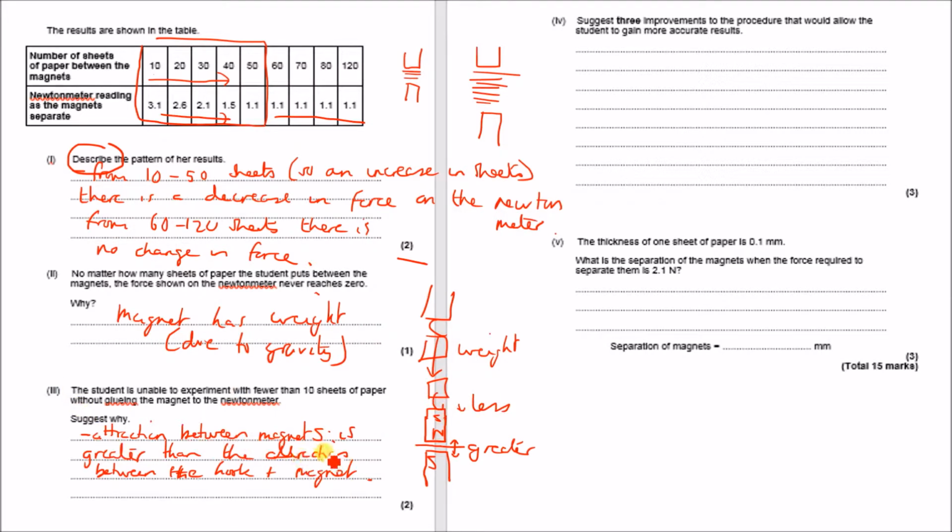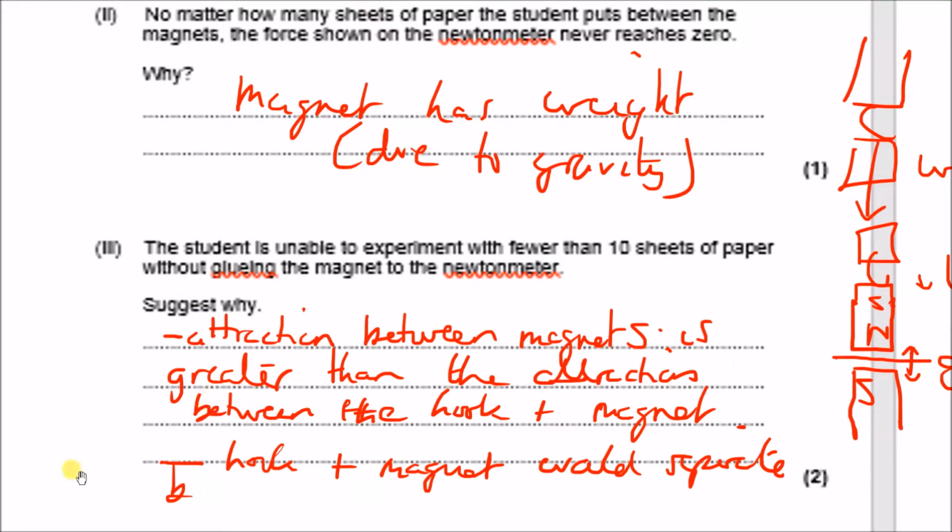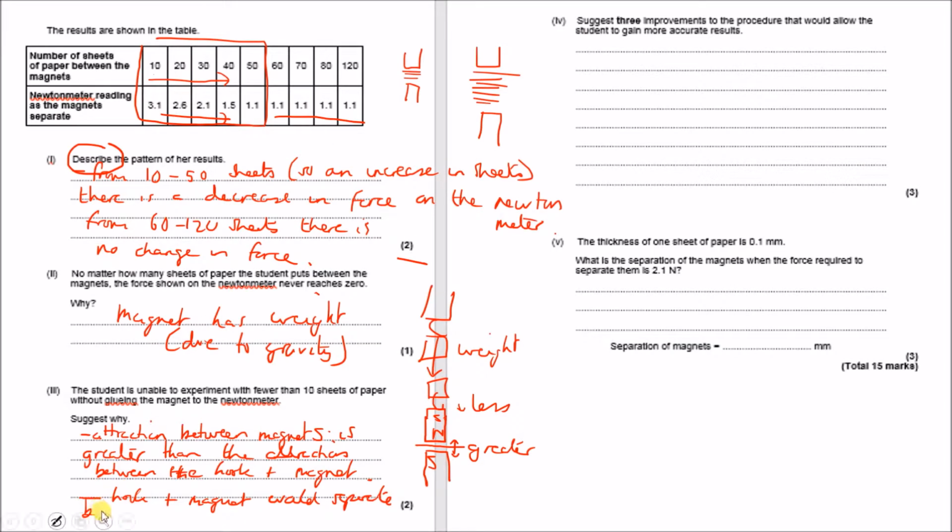So because the attraction between the magnets is greater than the attraction between the hook and the magnet, the hook and magnet would separate before the magnets split.